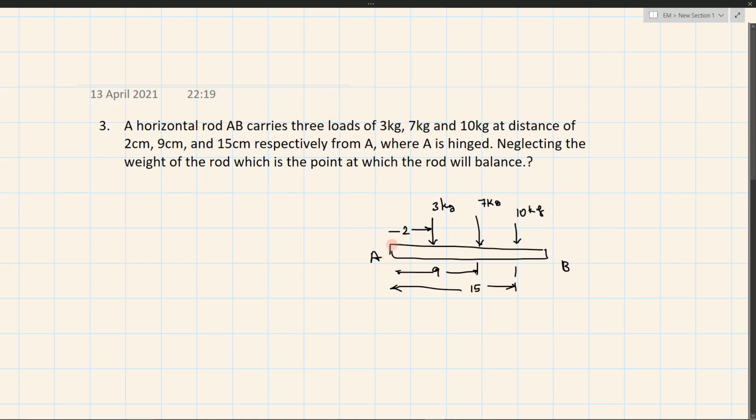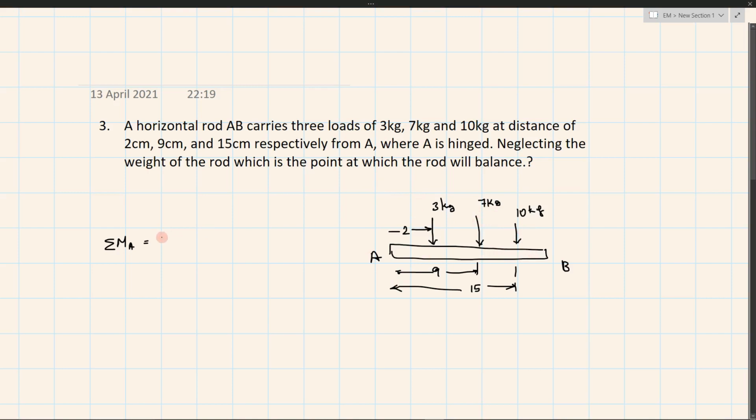Since they have given that A is hinged, A can take a moment. Neglecting the weight of the rod, at which point will the rod balance? So we'll have to find a balancing point, right? To do that, we'll take the moment about A. All of these would be in the same direction, so I'll just consider everything to be positive.